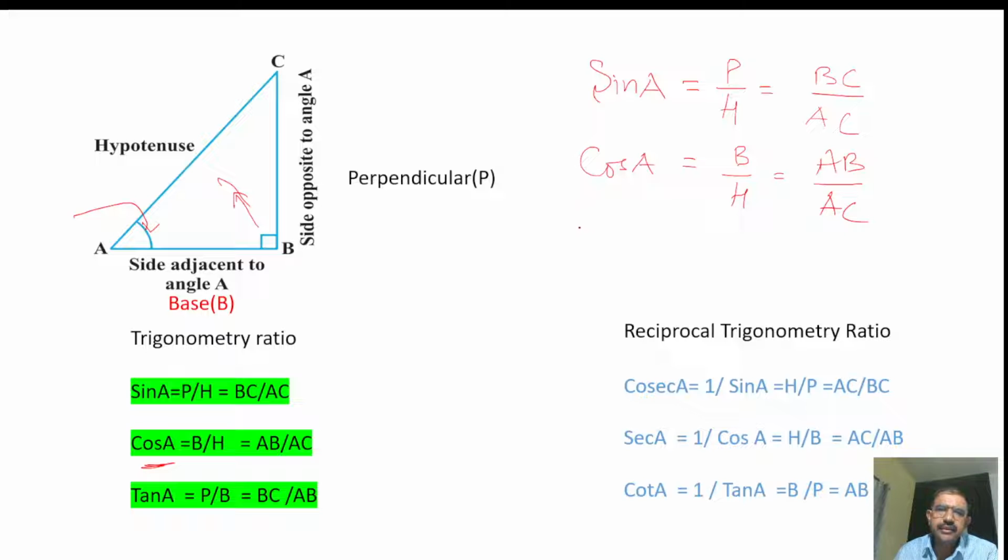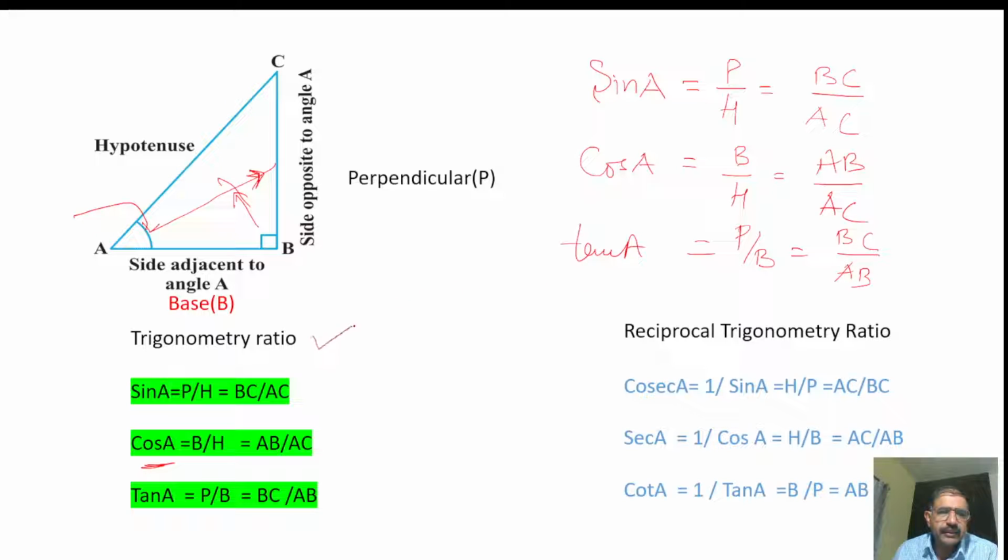Similarly, the next trigonometric ratio is tan A. Tan A is basically perpendicular upon base. The perpendicular is the side opposite to the acute angle which we are taking as the reference angle. So it will be BC upon AB.